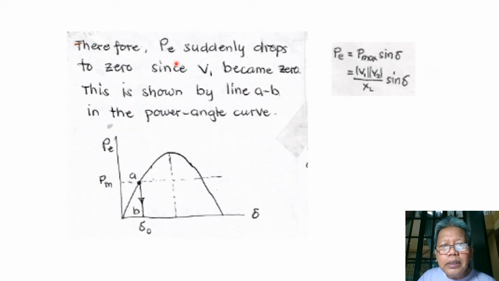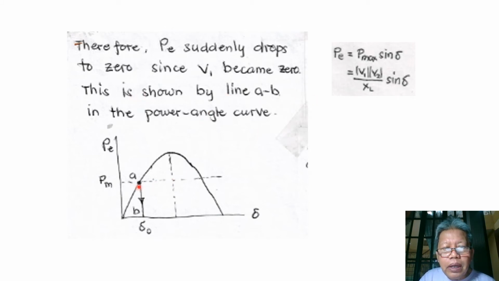Therefore, the electrical power PE suddenly drops to 0 since V1 becomes 0, as we have seen in the equation for our electrical power. So if V1 is equal to 0 here, then PE is equal to 0. And this is shown by line AB in the power angle curve.